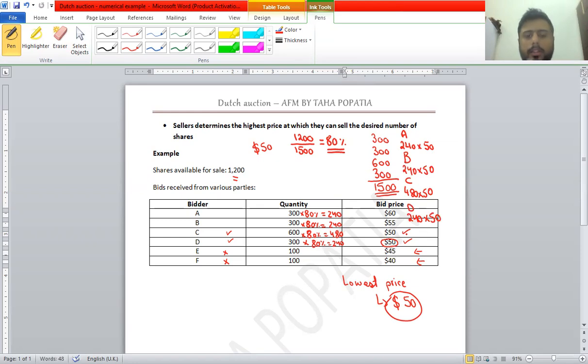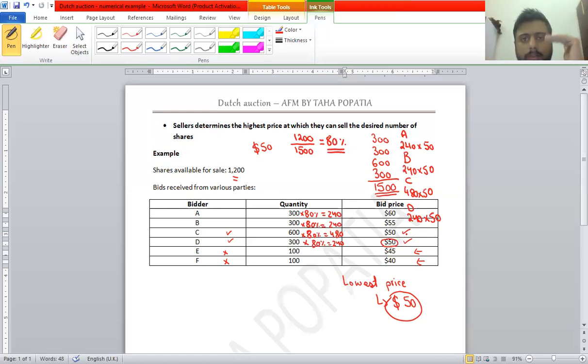Okay. So what happens in a Dutch auction? First you decide the quantity of shares that you want to sell. Then you welcome bidders. They tell you the quantity and the price at which they are willing to subscribe for your shares. You make a list in descending order with the highest bid price on top, then the second highest, then the third highest, then the fourth highest bid price.